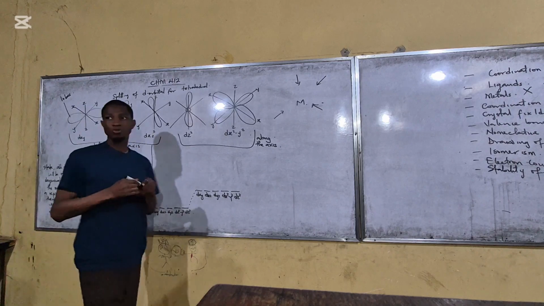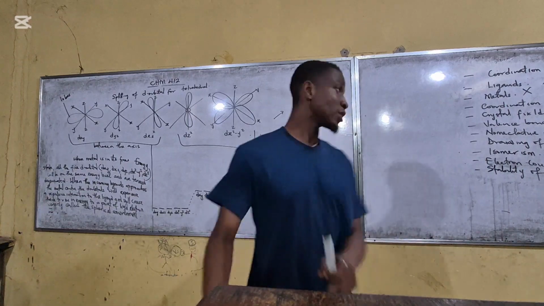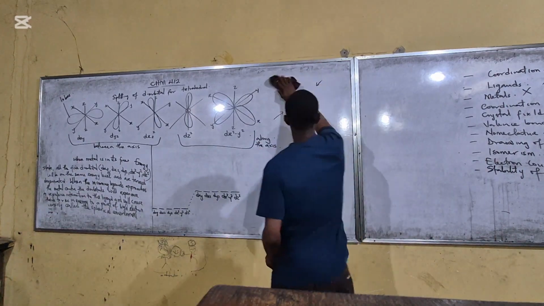So they rise in energy to a point of high electron density known as the spherical environment. Now let's have a look at something.